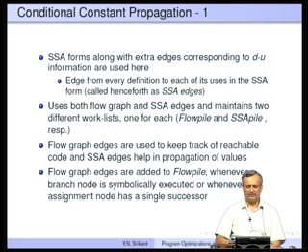So, that is the important point here. Flow graph edges are used to keep track of reachable code. So, as we go on, as each edge is visited, we can visit appropriate nodes as well. And the SSA edges are used for propagation of values.